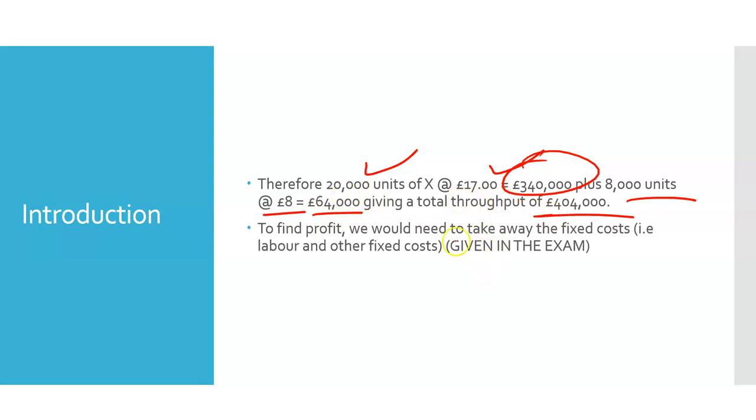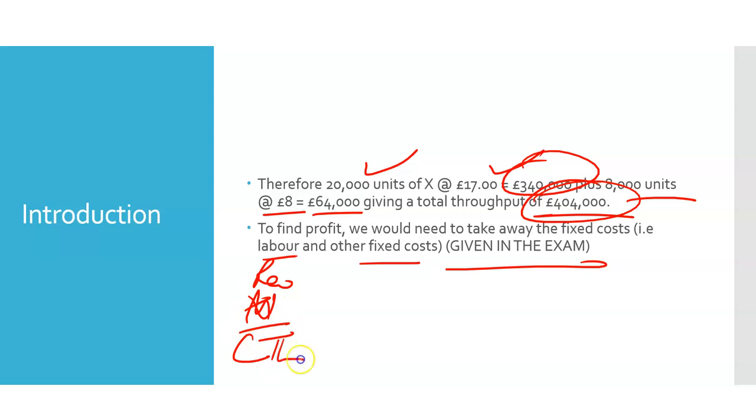If you're given fixed costs, which you probably will be in the exam, you now subtract the fixed costs, which will include your labor and your other fixed costs. You remember that revenue minus variable costs gives you contribution or throughput, and you subtract all your fixed costs to give you profit. That hasn't changed. It's just that we're including labor within fixed costs or operating costs.